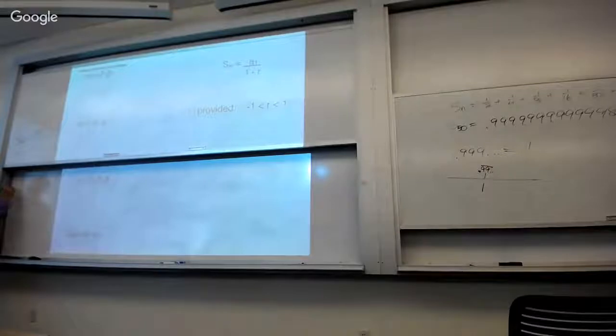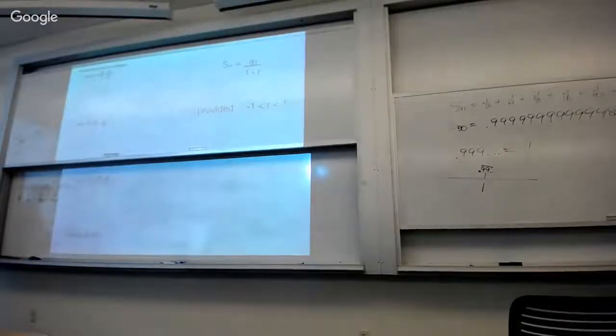It's actually 0.9 plus 0.09 plus 0.009 plus 0.0009. Does that make sense? The number 0.99999 is really 0.9 plus 0.09 plus 0.009 plus 0.0009. And then this is really 9/10 plus 9/100 plus 9/1000 plus 9/10,000.